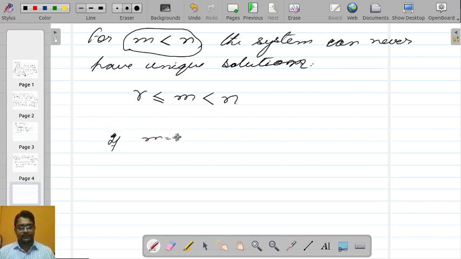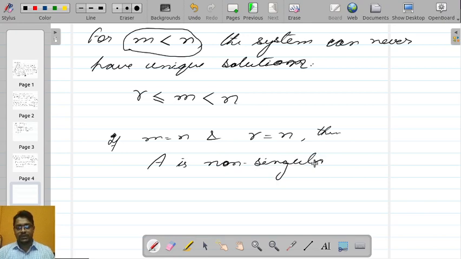Okay, right? So suppose m equal to n and rank is also equal to n, then this coefficient matrix A is non-singular. So this also follows from matrix theory. If the determinant of A is non-zero, then the rank of this matrix is equal to the number of rows or columns. Okay, it's true for square matrices.